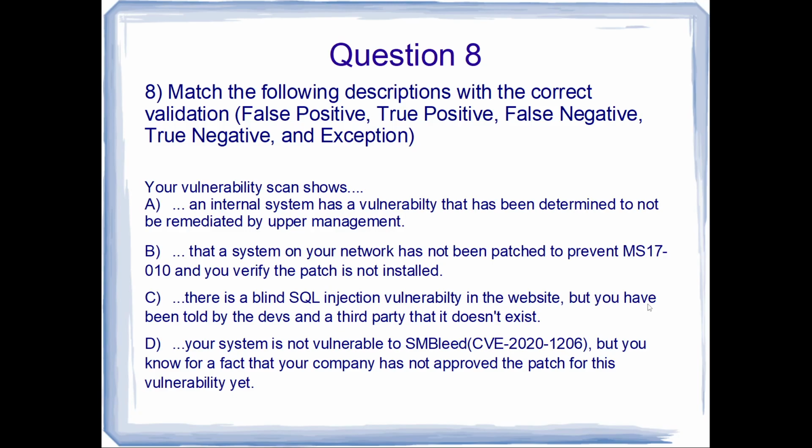You have a vulnerability scan that shows there is a blind SQL injection vulnerability in the website, but you've been told by the devs and a third party that it doesn't exist. We have a vulnerability scan that shows that your system is not vulnerable to SMBleed, which is CVE-2020-1206, but you know for a fact your company has not approved the patch for this vulnerability to be installed on company machines yet.